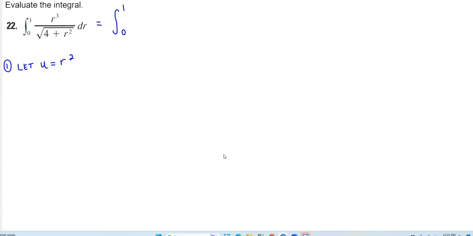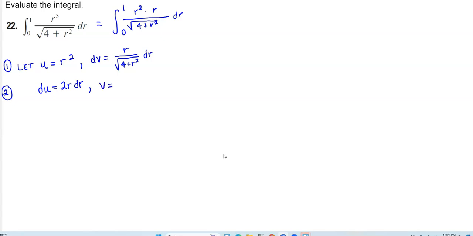And so then what we have is r squared times r over the square root of 4 plus r squared dr. So therefore, we're going to let dv equal r over the square root of 4 plus r squared dr. Now for step 2, we're going to take the derivative with respect to r. So we have du, which is going to equal 2r dr.